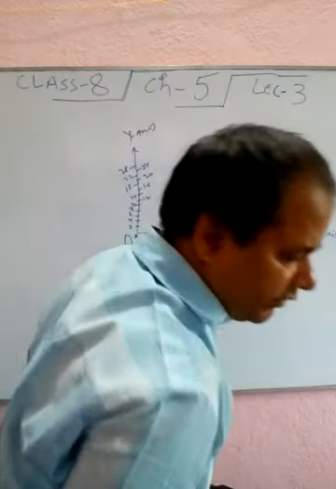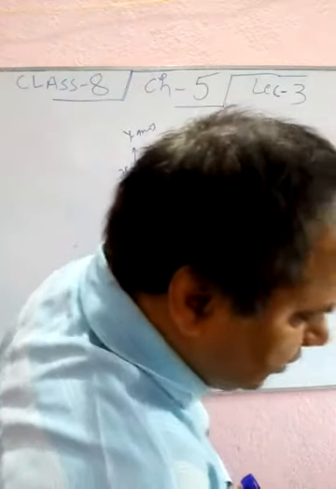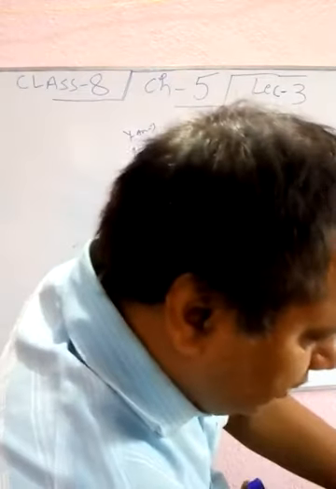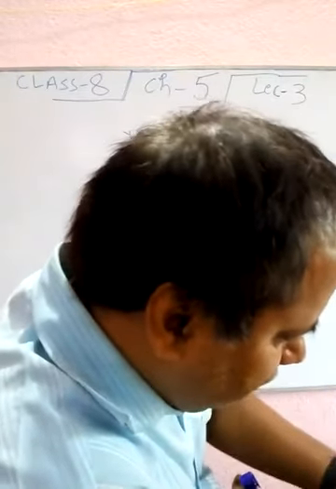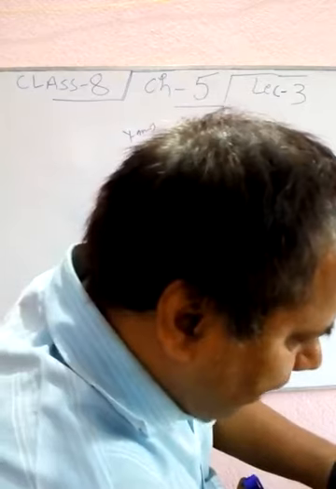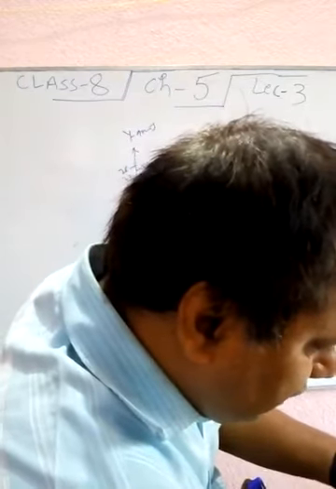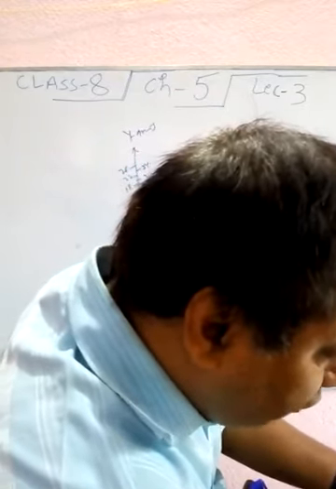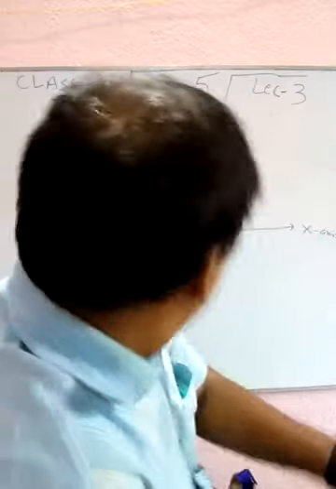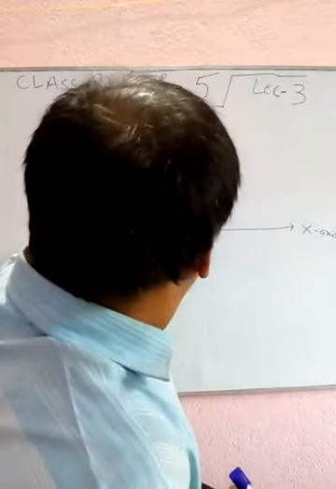A scale is also given. The width of each bar is equal to 1 centimeter. On the y-axis, 1 centimeter is equal to 2 crore of estimated amount. So here 2 means 2 crore.